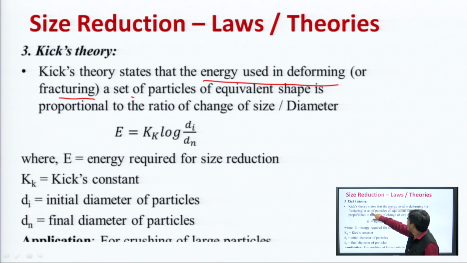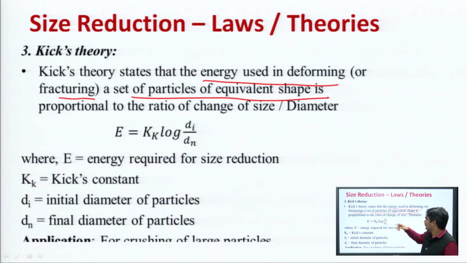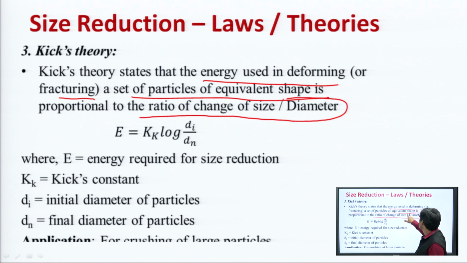So, di is the diameter of the initial particle, dn is the diameter of the final particle. The ratio of these diameters is proportional to the equivalent shape of the particles, that is, the energy used in deforming a set of particles of equivalent shape is directly proportional to the ratio of this change in diameter.